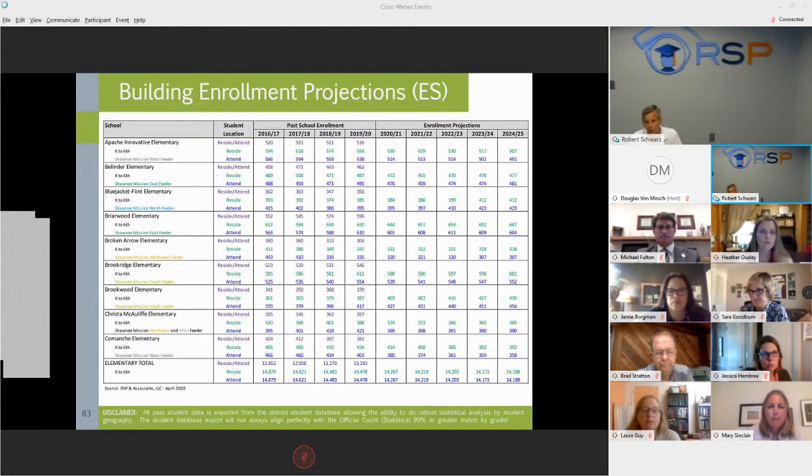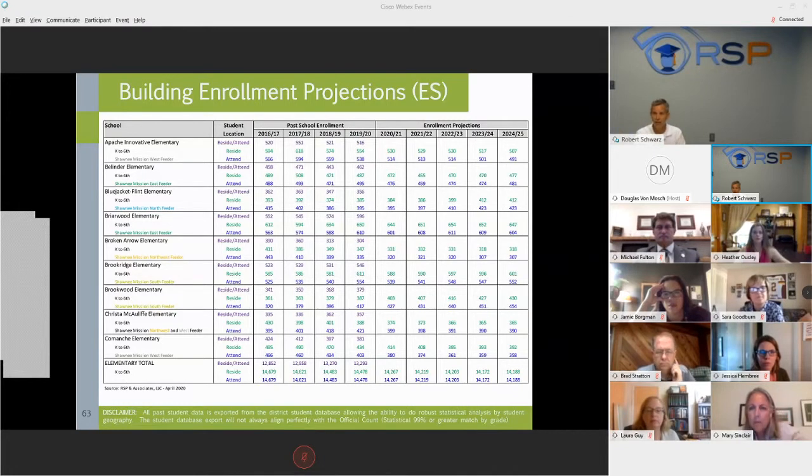If we look at the top row, which is a subset of the reside, so this purple font, it's who resided and actually attended that building. So we actually had students that left and went to other buildings within your system. So this 554 to 516, those roughly 40 kids, they went to one of the other elementary buildings. But we gained 18 kids that came from the other buildings to get to that 538.